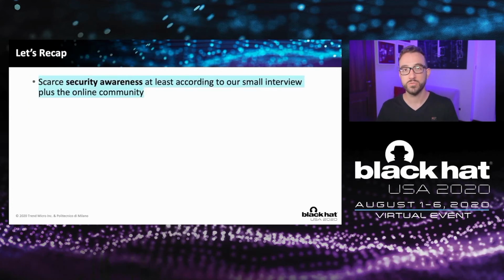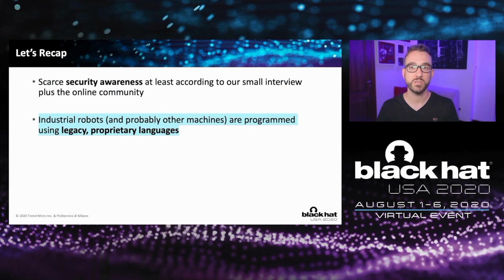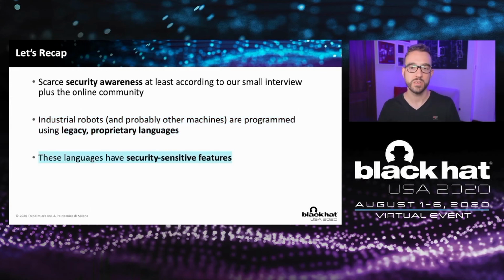So to summarize what we have so far, we have a fairly scarce security awareness, at least according to the data that we have collected and the interviews that we have conducted. We have industrial machines that are programmable using legacy programming languages, which are fairly difficult to switch away from because every vendor has their own technology. And these programming languages include security-sensitive features, which may impact the security of any produced automation program.